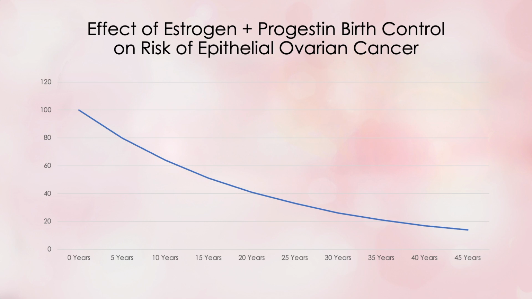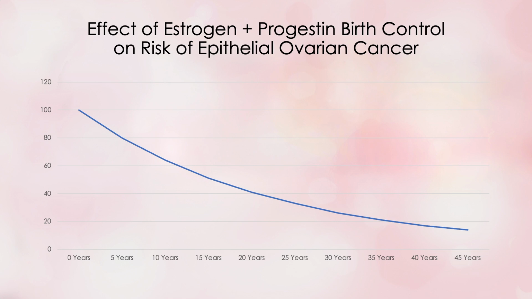That would entail starting at age 10 and taking it until age 55. Along the vertical y-axis, I've listed the percentage risk of epithelial ovarian cancer. The average risk is not high, it's only 1.4%, but not all women have average risk.